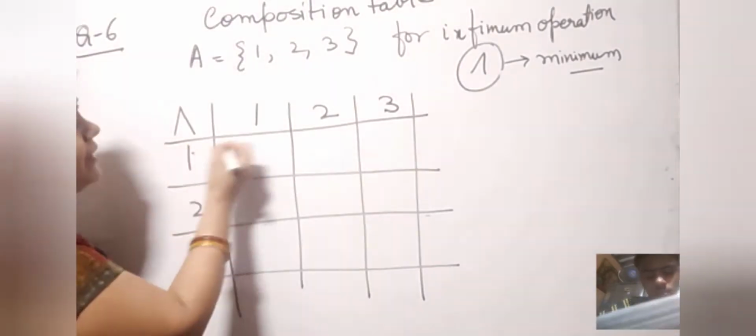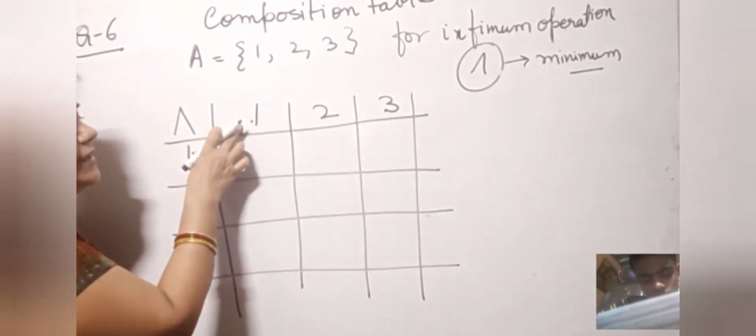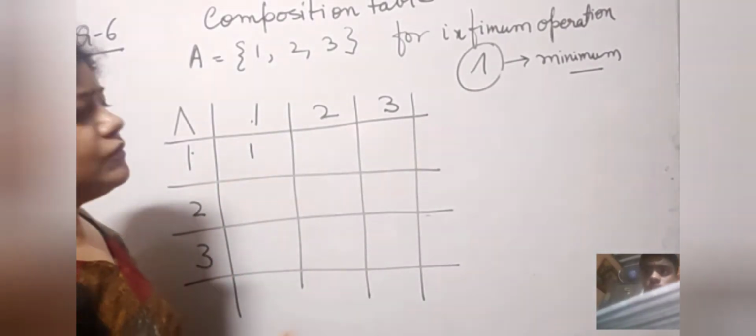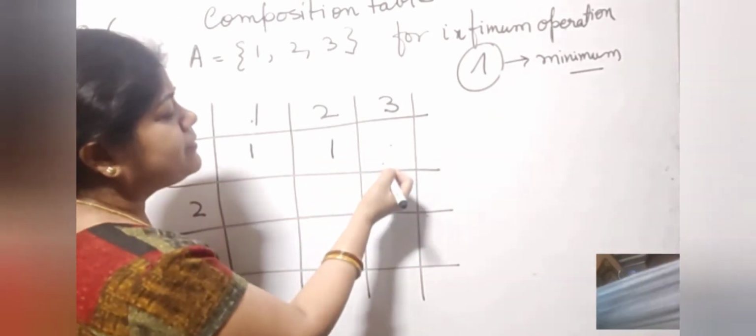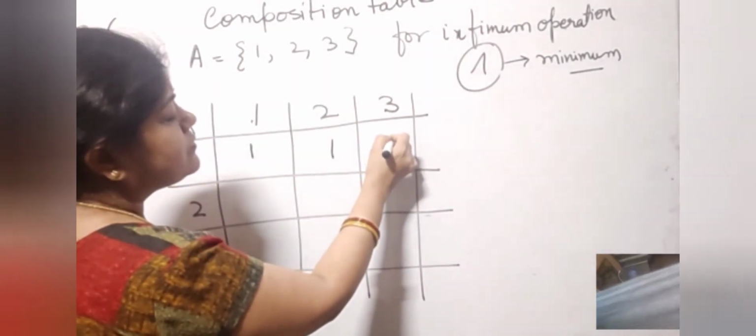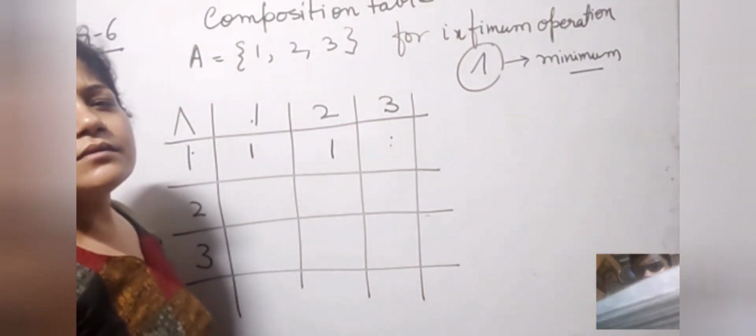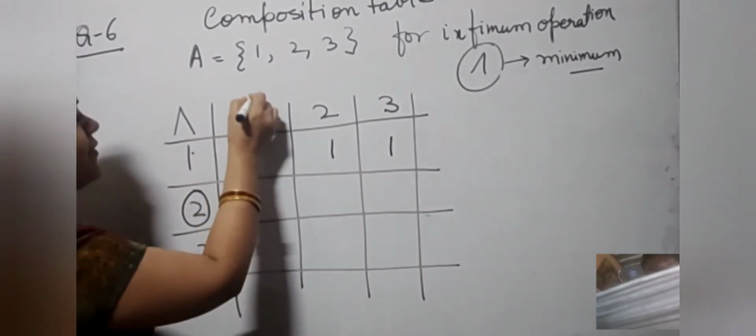Now 1 and 1. Compare these two. What is the minimum value? That is 1. Now 1 and 2. What is the minimum value? 1. Similarly, here 3 and 1, 1. In the next one, we see 2 and 1.